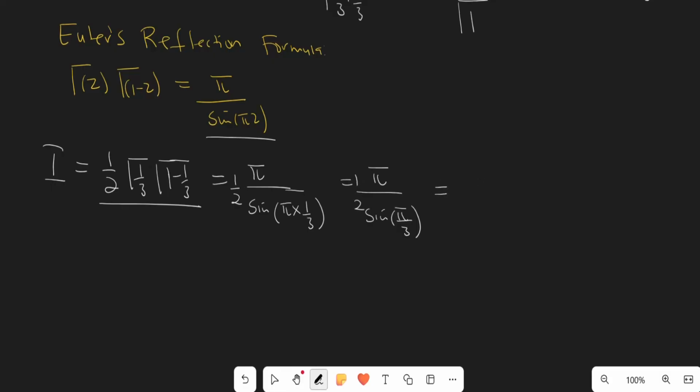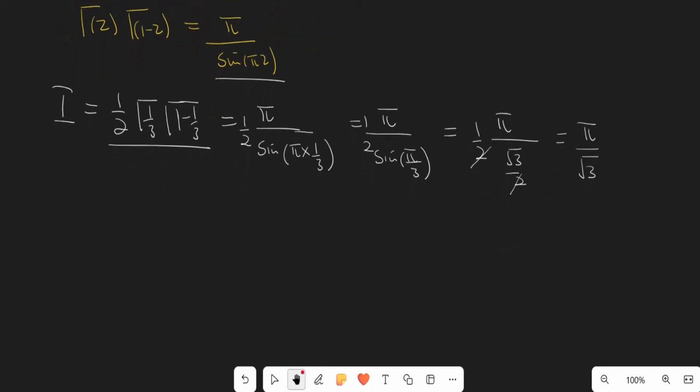Sorry about that. So that is going to be pi all over 1/2 sine pi over 3. Sine of 60 degrees is equal to square root of 3 over 2, and these twos will cancel, leaving pi over the square root of 3. So that is how our integral can be solved.